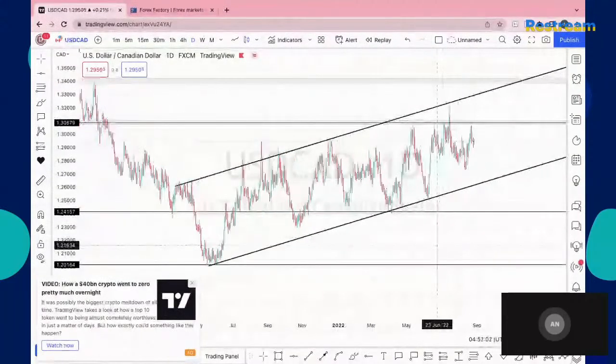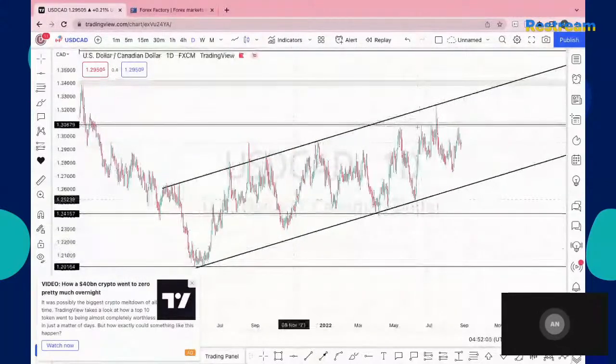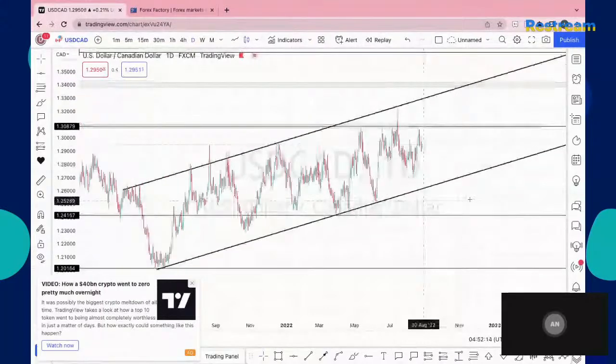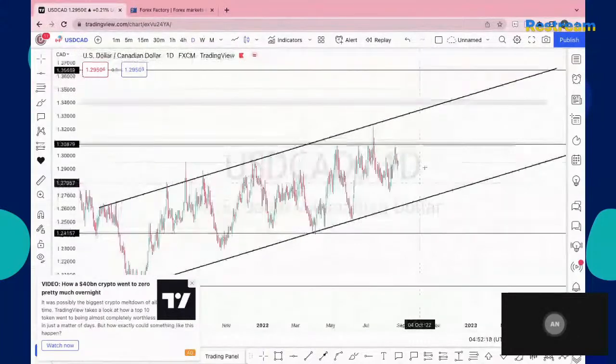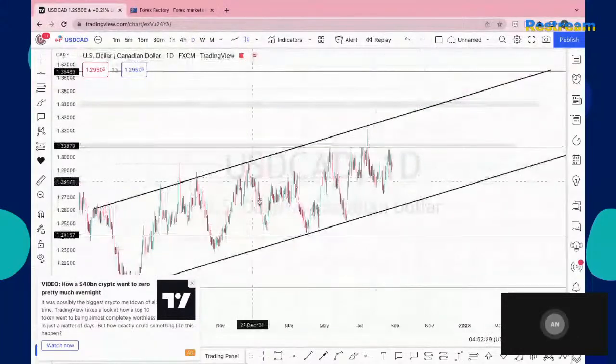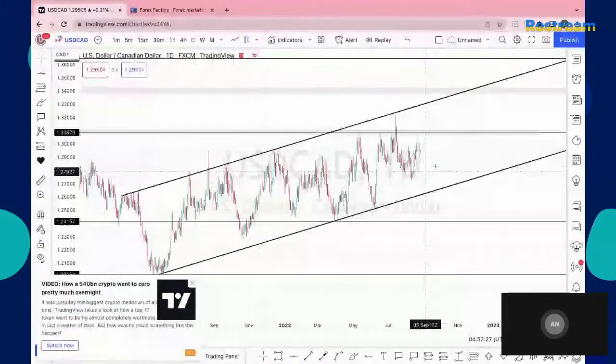What do you say that pattern is? The bearish flag. So if we continue to look at USD CAD, it's in an uptrend, right? From a bearish flag, what movement do you really expect?